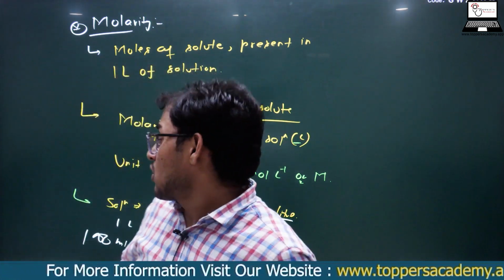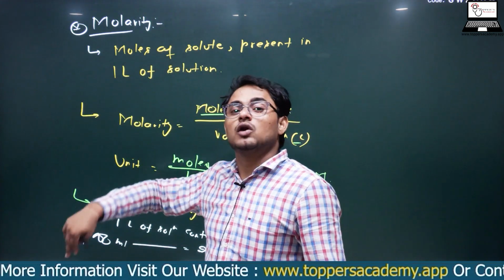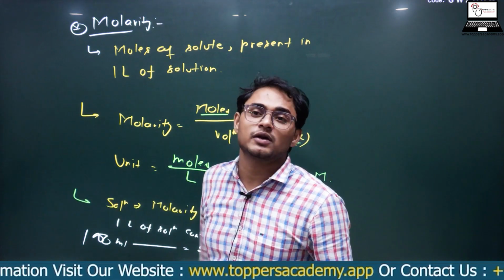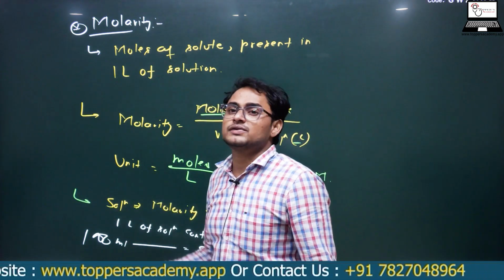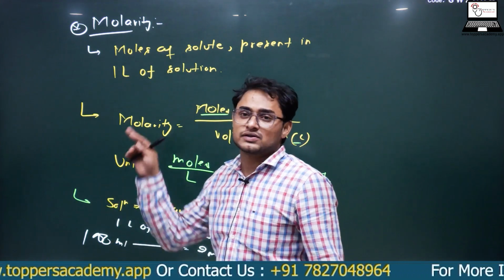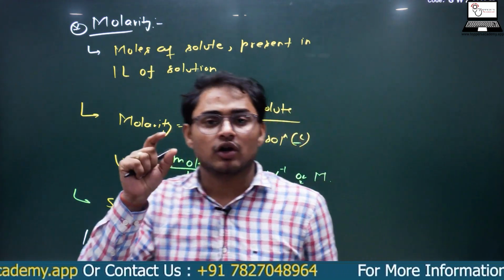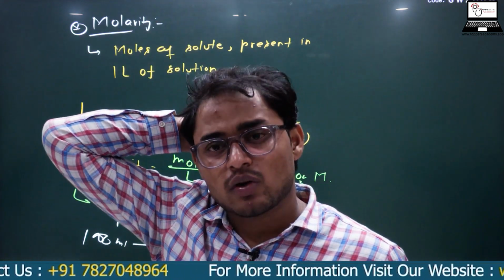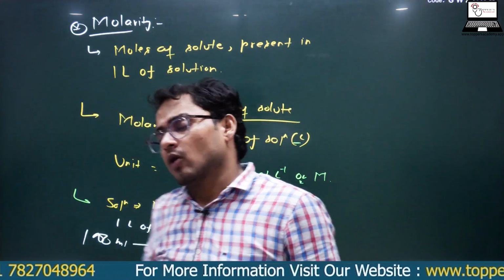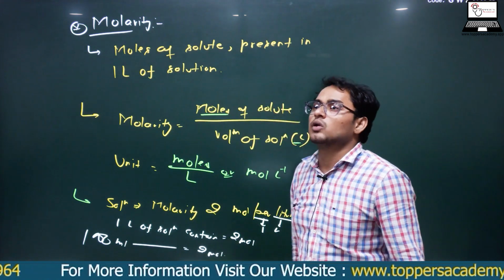So whether it is 1000 ml, 1000 cc or 1000 centimeter cube, all are the same. If you take such a volume of the solution, it will contain 2 mole of solute, right?